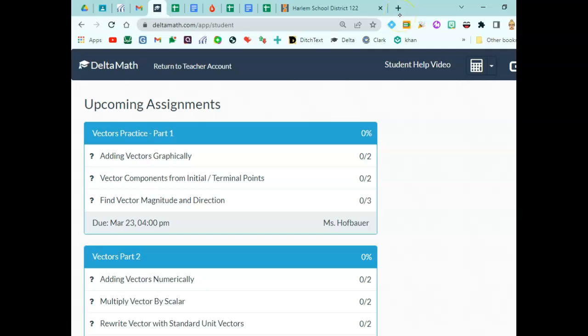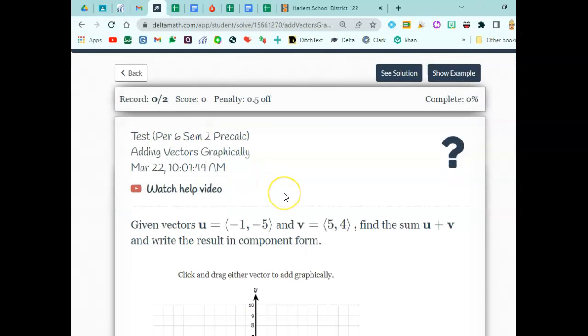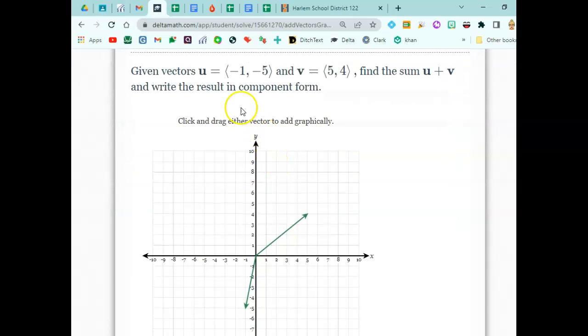On your Delta Math tonight, it asks you to add graphically. What this means is they have drawn the vectors for you. They drew a vector that went from 0, 0 to negative 1, negative 5. That's this guy. This is U. And V went over 5 and up 4. That's V. To find the sum, it says click and drag either vector to add graphically.